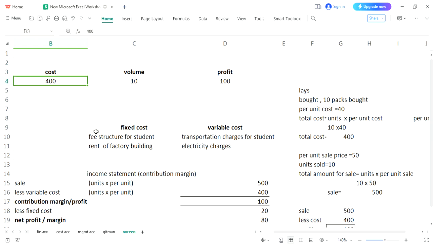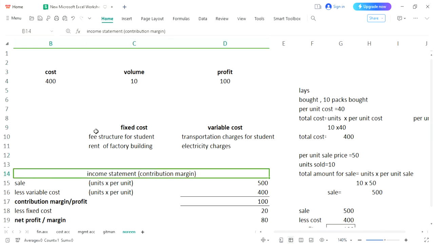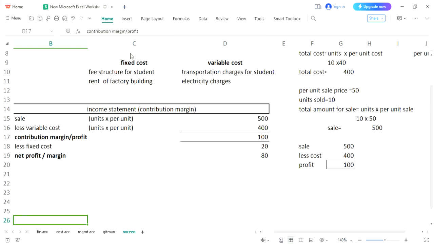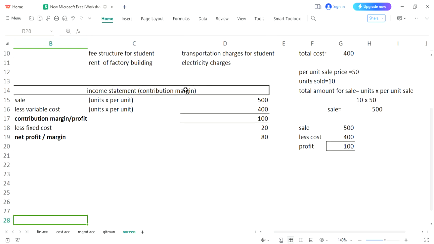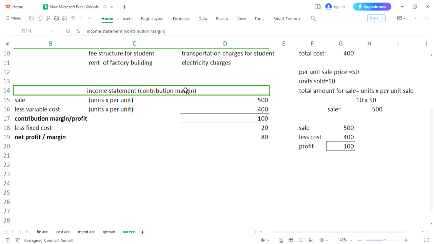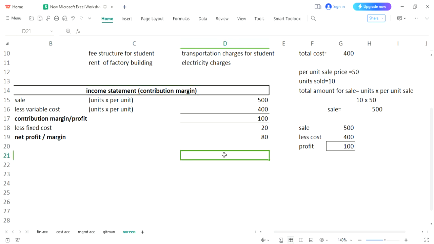Here was our introduction for this chapter. The important thing you will carry with you is how to make an income statement through contribution margin, and this is basically the smallest income statement you may have ever seen. Thank you very much for your time.